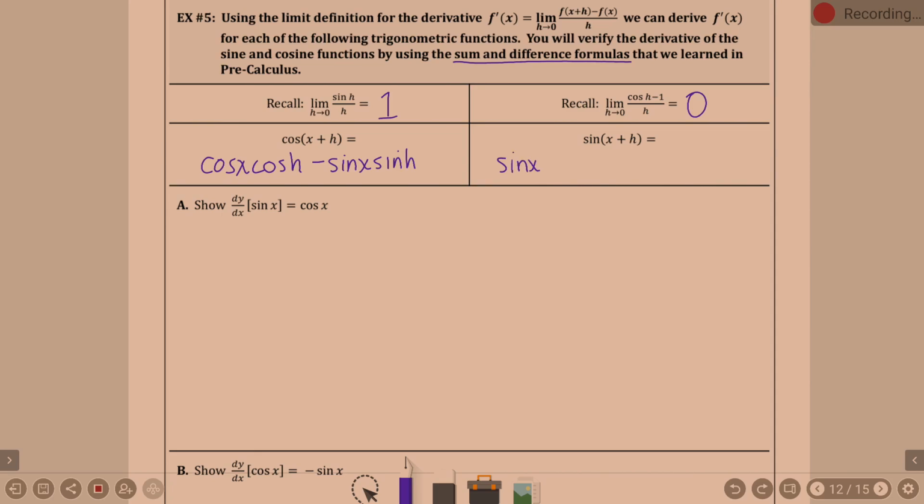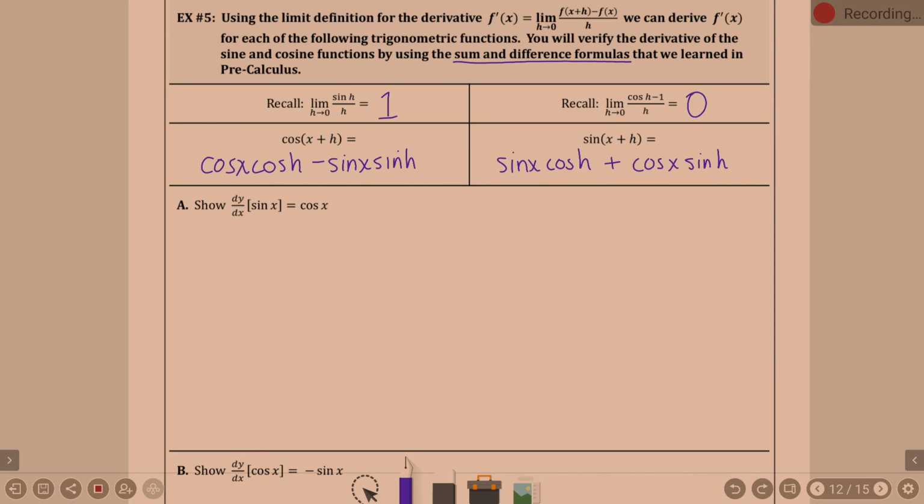Sine x, cosine h, keep the plus; it stays the same plus or minus sign. Then you reverse this, so now it's cosine x and sine of h.